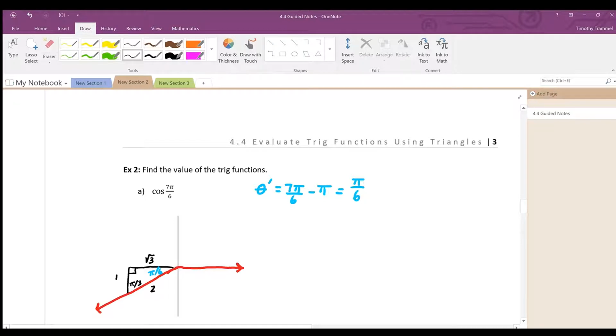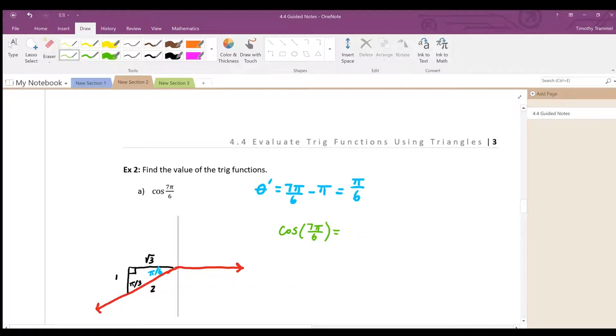Okay. Next step. We want to use SOH CAH TOA is really what the next step is here. And let's go and do that. So we started off, by the way, with cosine of 7 pi over 6. And we've broken this problem down into a simpler one.